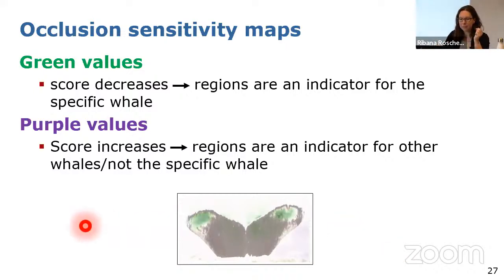Then there are purple values, for example, here in the background a few. Here it means the score increases. This is a little bit tricky to interpret, because it depends on the loss function. But what it means is the regions are an indicator for other whales or just not the specific whale. So in the end, it would be better to have them covered up. But the important thing is the green part.